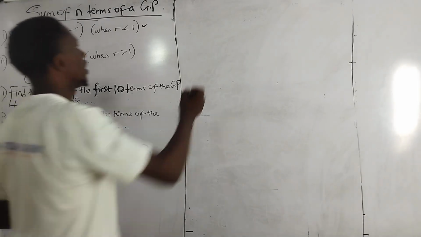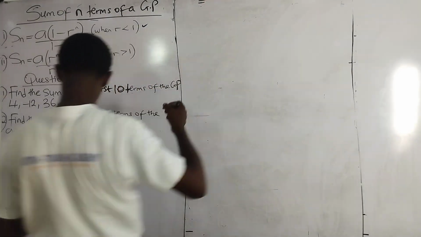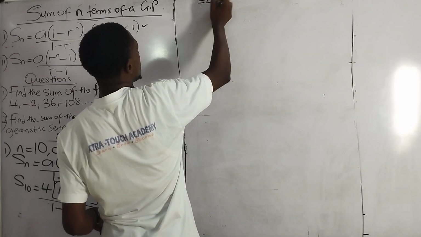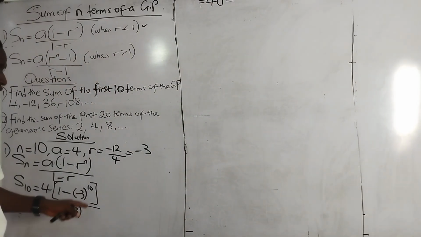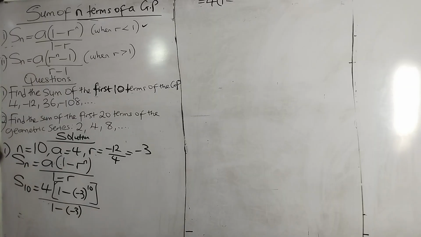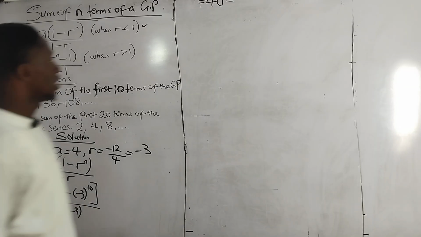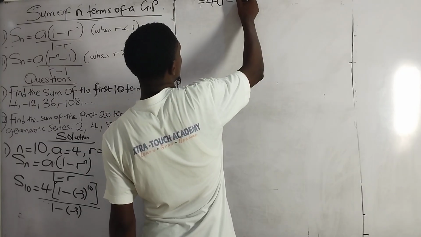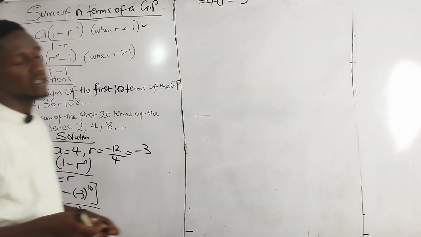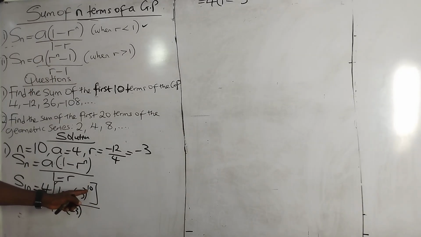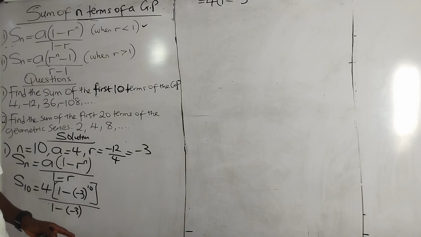Let's continue from here. It is equal to 4(1 - 3^10) all over... This should give you a positive, because when you have an even power and you have a negative, it is going to change to positive.